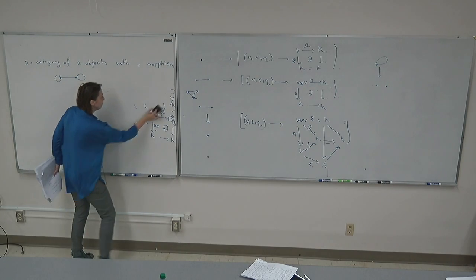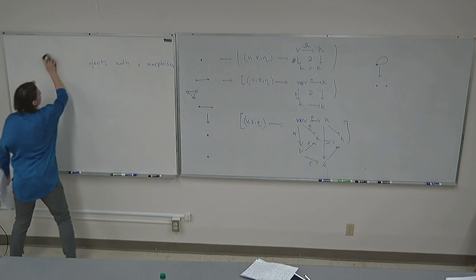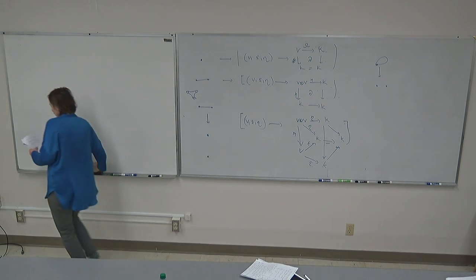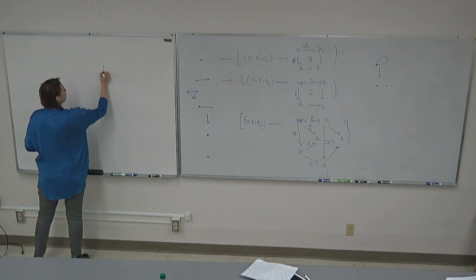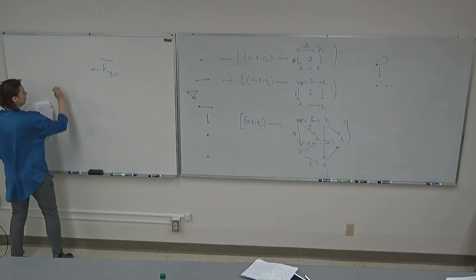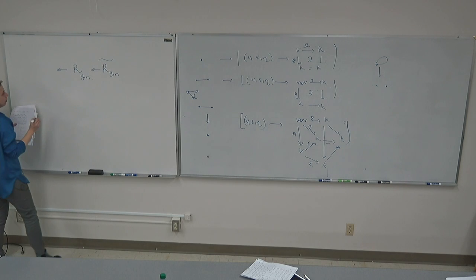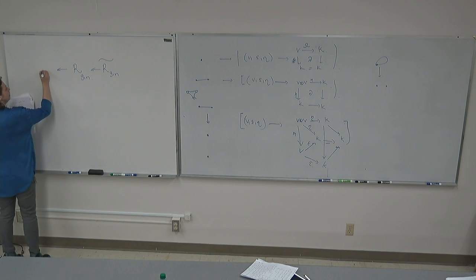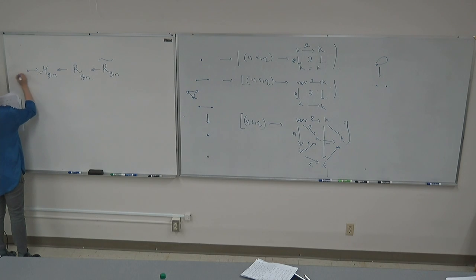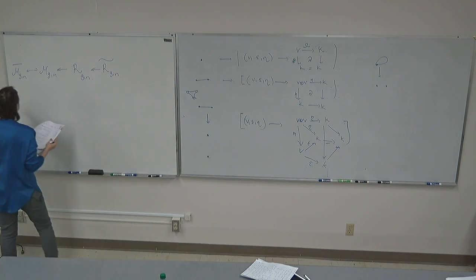As an observation, there exist natural maps from the set of ciliated ribbon graphs of genus G and N faces to metric ribbon graphs of genus G and N, and this goes to smooth M G N, and this is embedded into M G N bar. So cohomologically, I'm going to reverse the directions.